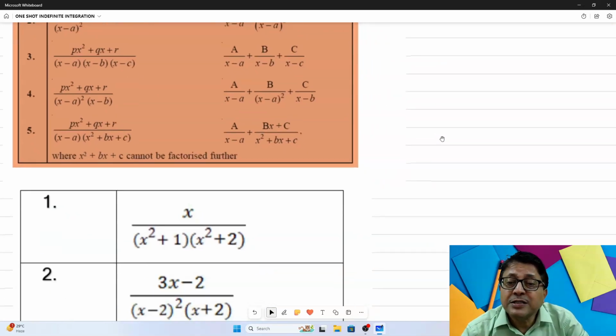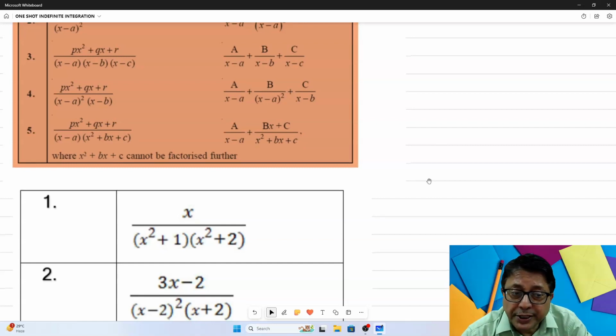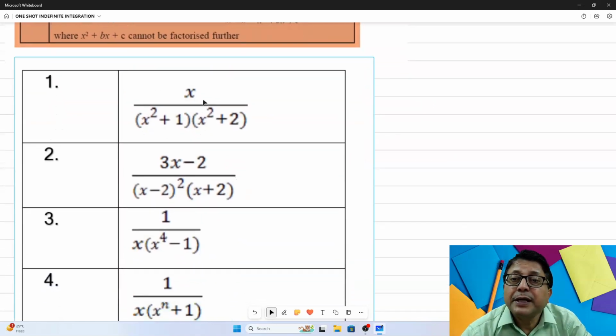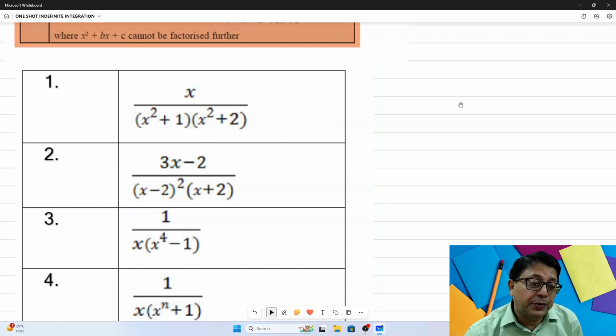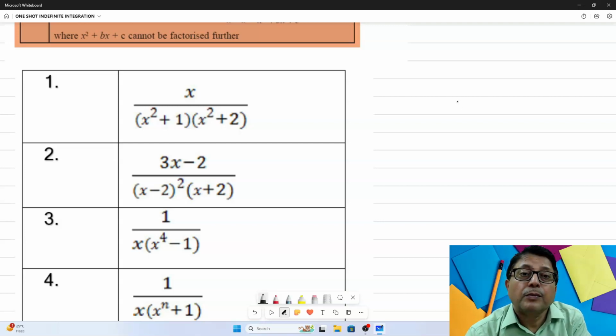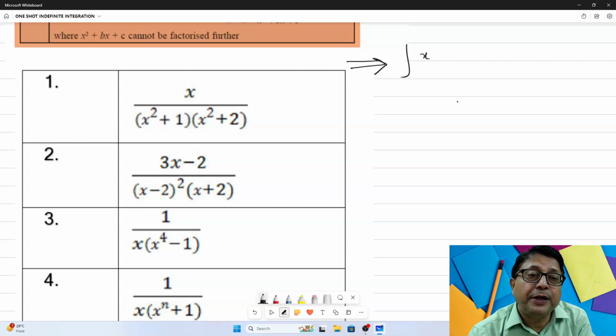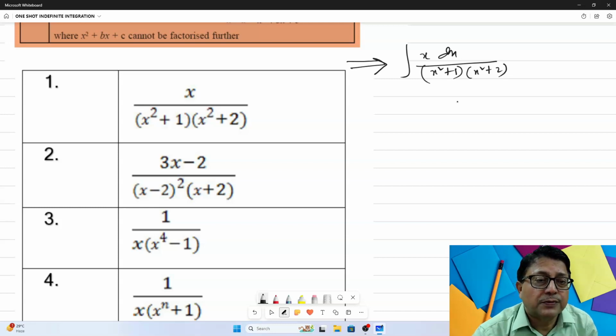Okay? So let us see quickly how to integrate if the sum is given in this form: x by (x square plus 1) into (x square plus 2). For this one, we first make this the integrand, no? So write the integrand fully: x dx divided by (x square plus 1)(x square plus 2).